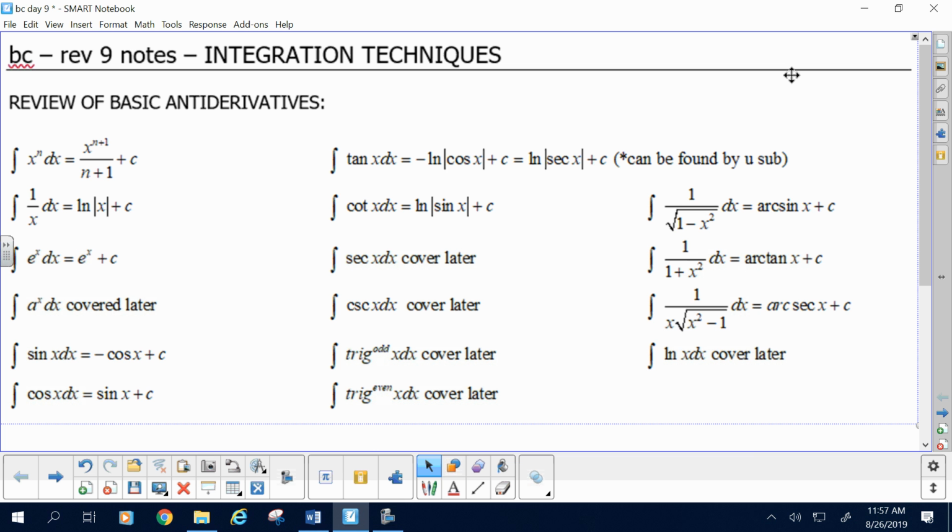Yeah? So, for example, the antiderivative of x to the second is 1/3 x to the third, yay?